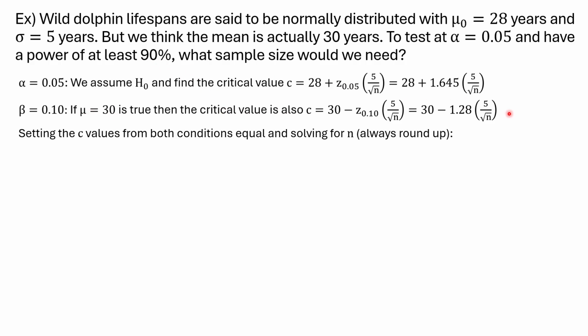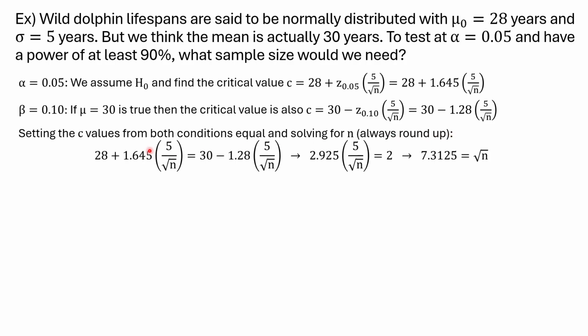Okay? And so setting c values from both conditions equal, and then solving for n, always round up to a higher n, of whole number n, we'll have this first piece here, 28 plus 1.645 standard errors, is equal to this second piece because we're finding the critical value c that makes both of these conditions hold.